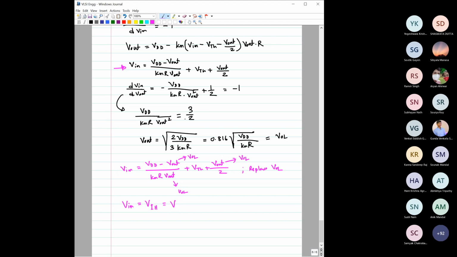And I'm just writing the final expression. So if you do, it would be KNR plus 2 root over of this 2/3 VDD by KNR. So this is the VIH and this is VOL.